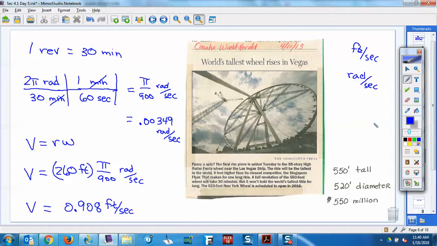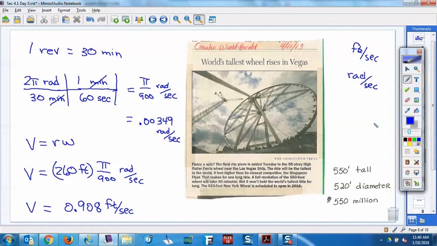The thing's moving pretty slow, right? It's big, but 30 minutes to go around once. So in a second, it's not going to go through a very big angle. Remember your string? 1 radian is like 57 degrees. That's almost a sixth of the way around.